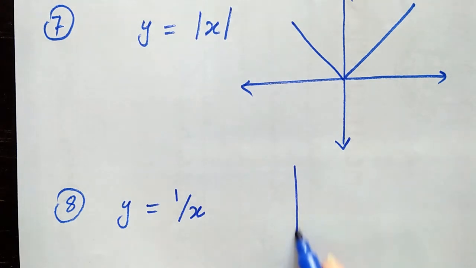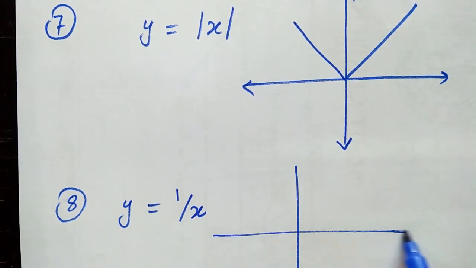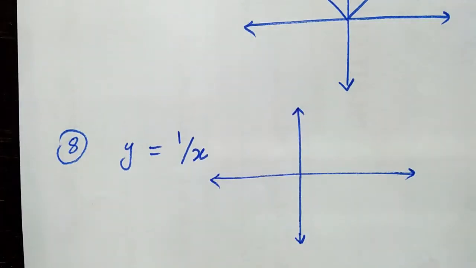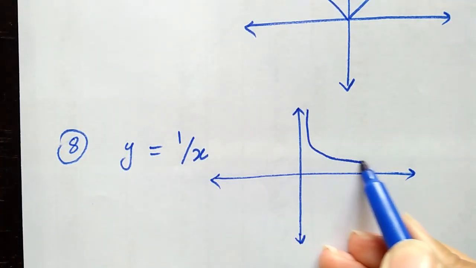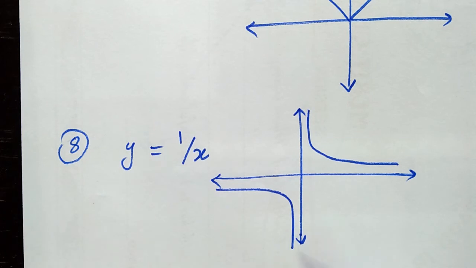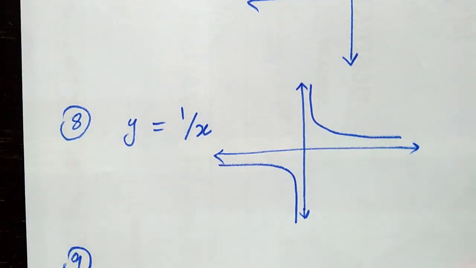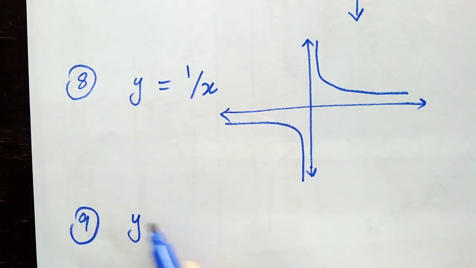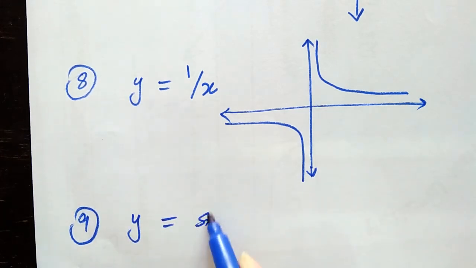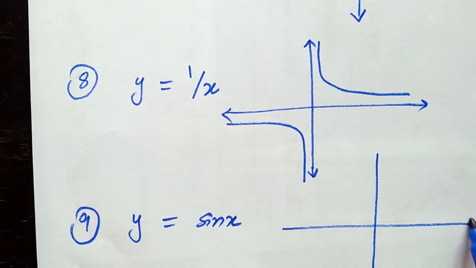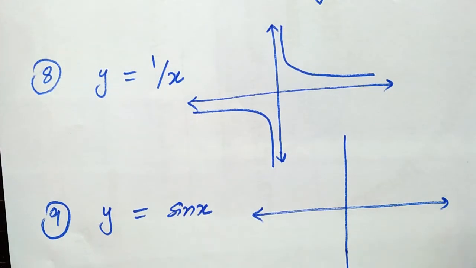That will be symmetric about origin since it is an odd function. Ninth example, y equals sine of x. Since it is an odd function, its graph will be symmetric about origin.